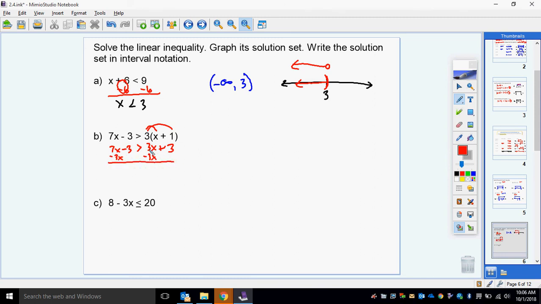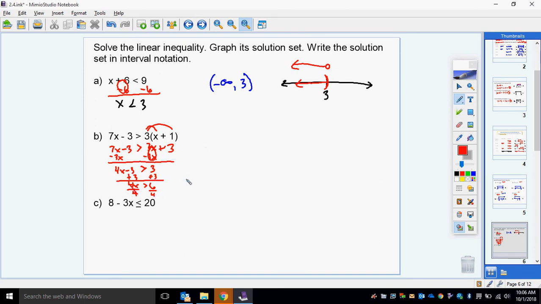Remember, I can only combine x's with other x's. So 4x minus 3 is greater than 3. Add 3 on both sides. And then divide by 4.